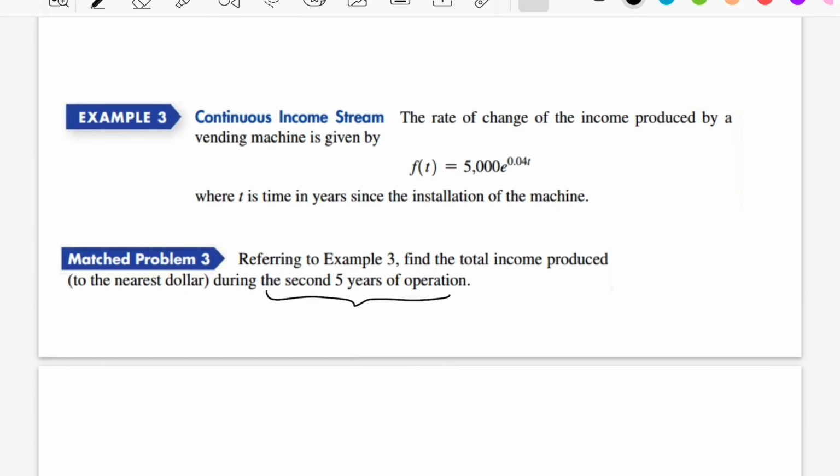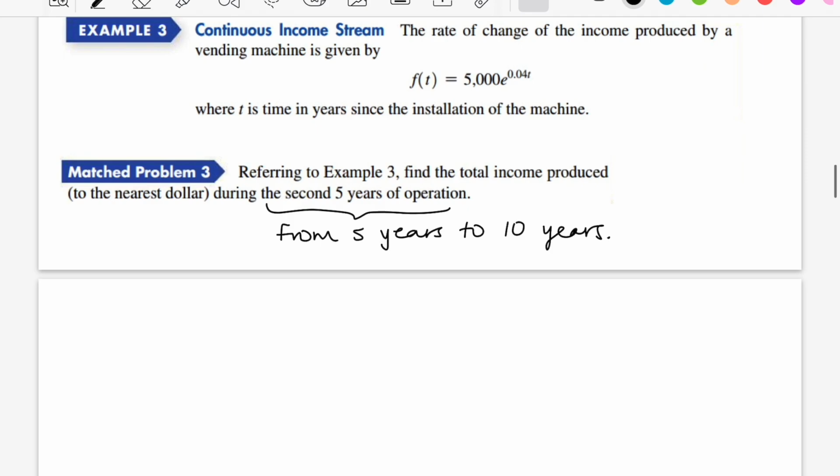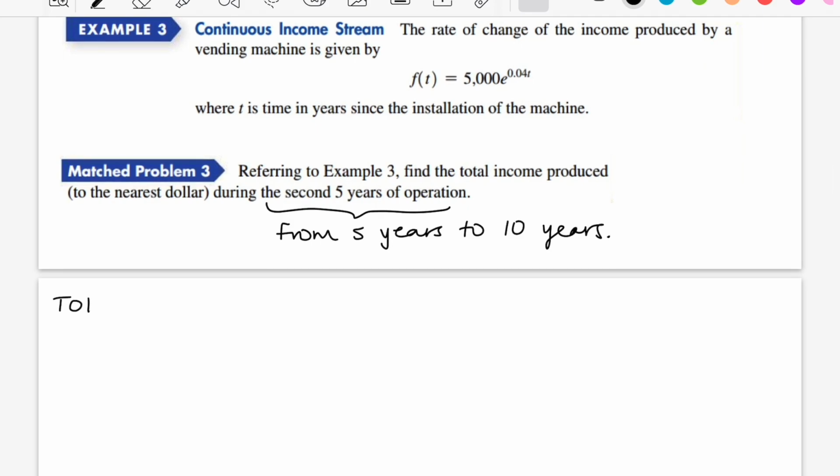So the second 5 years of operation will be from 5 years to 10 years. All right, well, we know that the total income is going to be the definite integral of our function from 5 to 10 years.